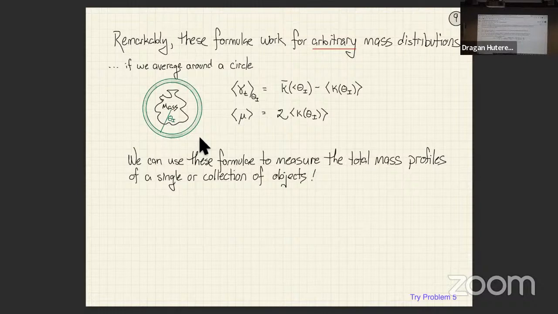So we remember this is the thing that we're looking for, this formula here for the tangent shear. And for an isothermal sphere, we got in a previous slide that the surface density sigma is sigma squared over 2G times the impact parameter, which we could also write as D_OL times theta.